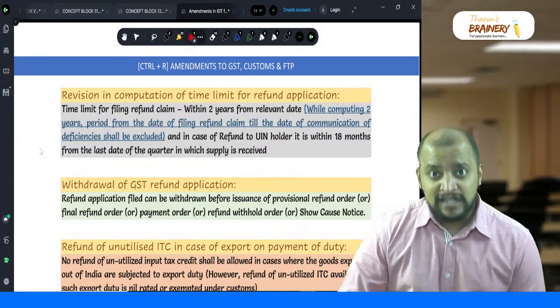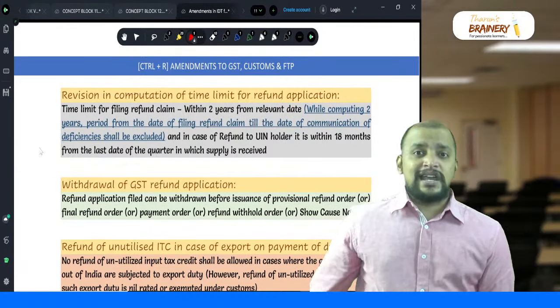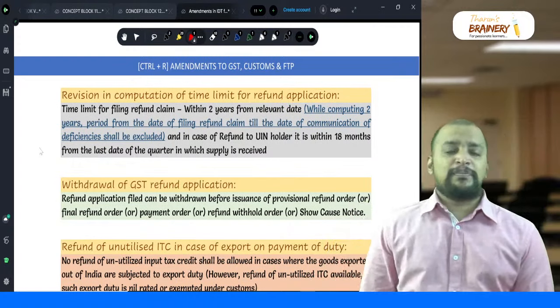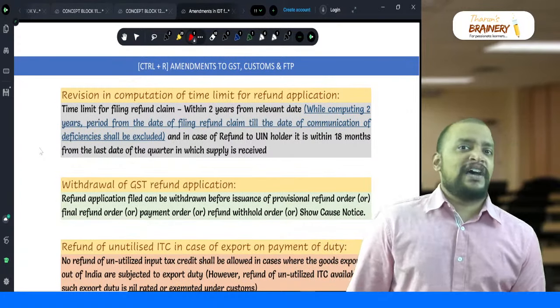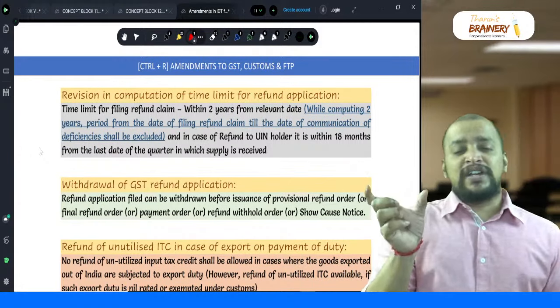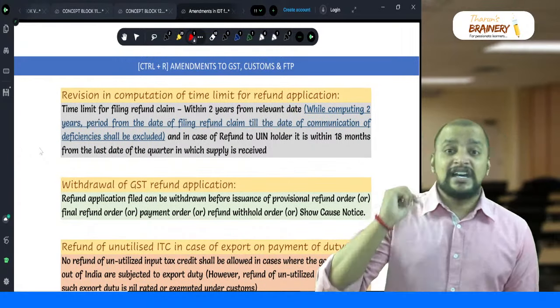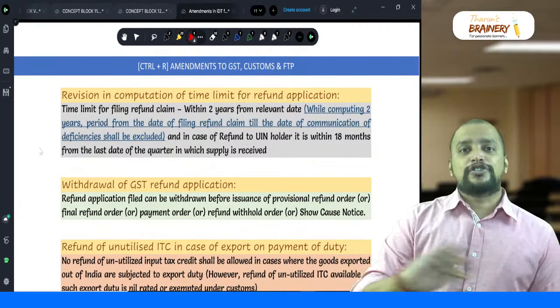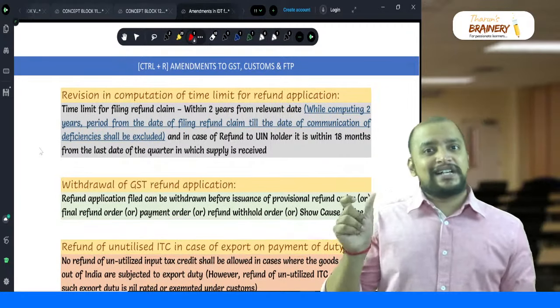Now, rectifying the deficiencies, again you file a refund application. In this case, the second time you are filing the refund application, that is more than 2 years, will it be valid? Yes, it will be valid, because the period between the date of issuance of the deficiency memo till the time we file the revised application should be taken off in computing the 2 years. So that period of relaxation is there.